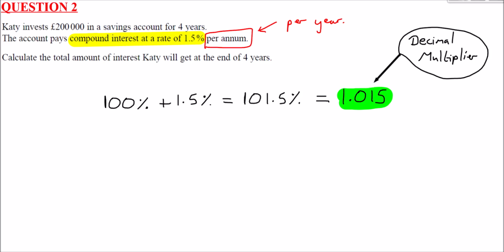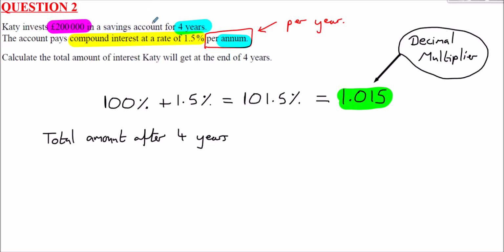Here, the interest is given every year, and there's 4 of those years. And so the interest is going to be added 4 times. So what we do now to work out the total amount after 4 years is we take the starting amount, which as we can see here is £200,000.